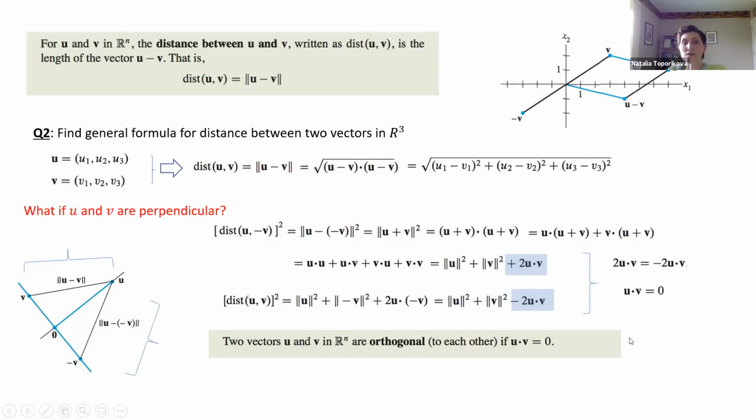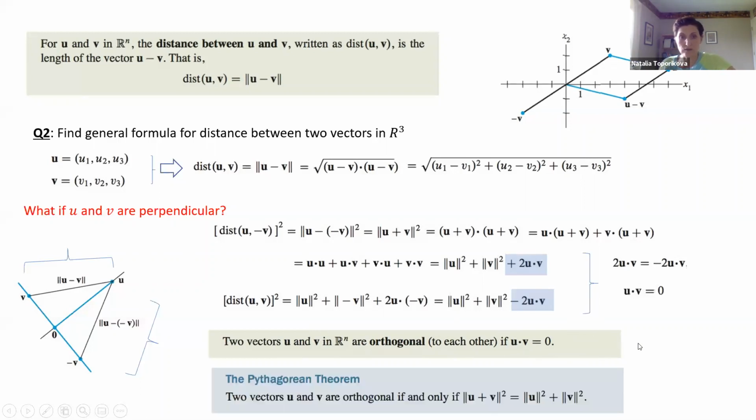That gives us a very important property of orthogonal, or perpendicular, vectors. We say that two vectors u and v in Rn are orthogonal to each other when their dot product u dot v is equal to 0. We will use this property endlessly for the rest of the class, defining orthogonal vectors as ones with a dot product equal to 0. It also allows us to make a modified Pythagorean theorem, because before, the Pythagorean theorem only worked in two dimensions.